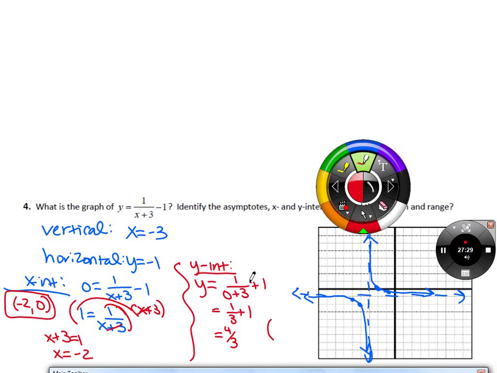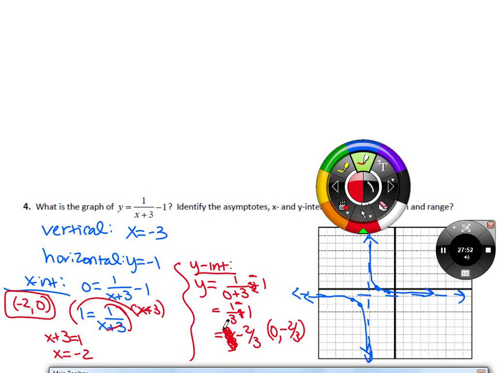Oh, sorry, thank you. Minus 1. I lied. So you should get negative 2/3. All right, so negative 2/3 is supposed to be our y-intercept. I can't tell exactly from my graph, but is negative 2/3 a good choice? Does it seem to match up with my graph? Yeah, so my algebra seems good.